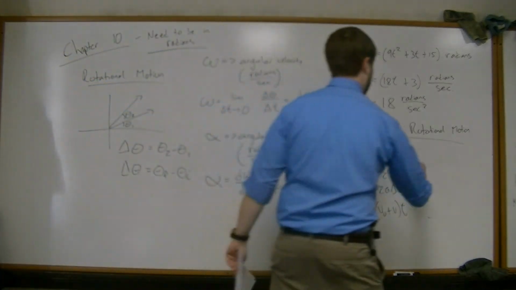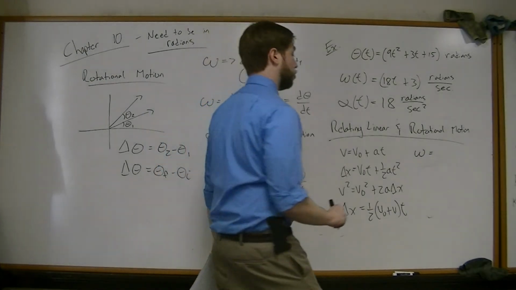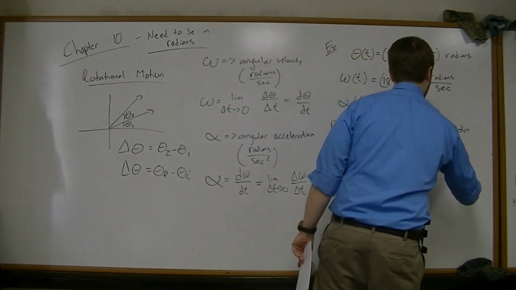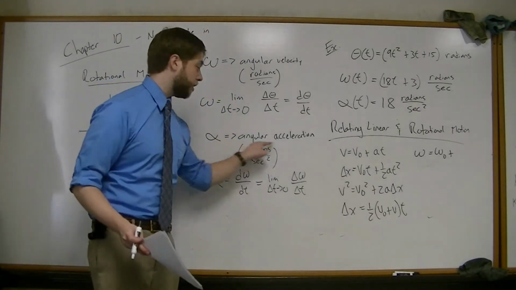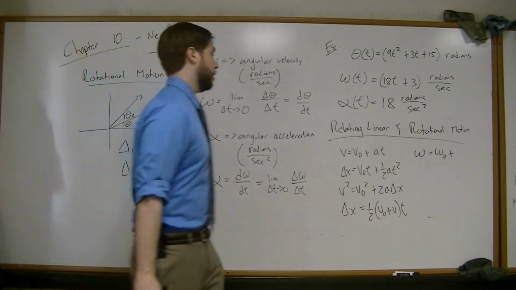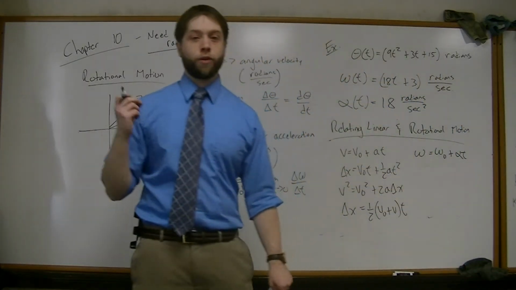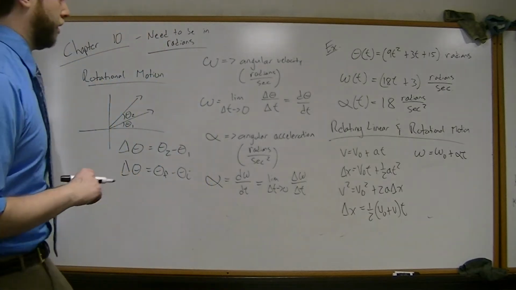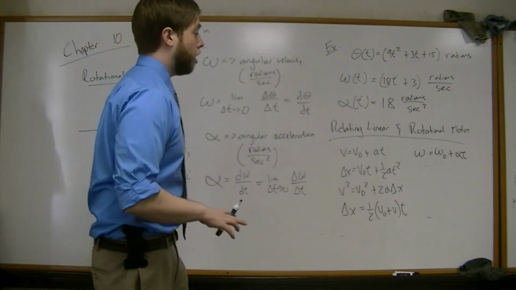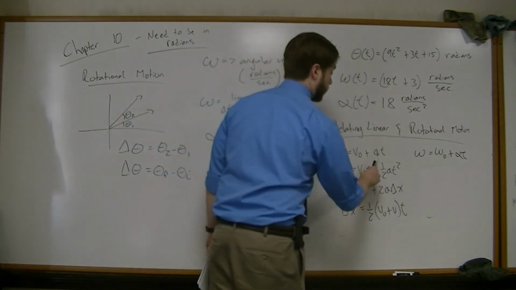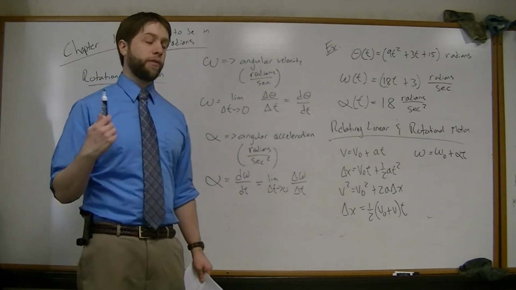So the final angular velocity is equal to the initial angular velocity plus, now instead of linear acceleration, we need angular acceleration, which is alpha. And that's going to be alpha times t. Time is the one remaining variable that's going to stay constant here. That's all there is to it here, guys. We're just going to make substitutions inside of our linear equations for the right angular variables.